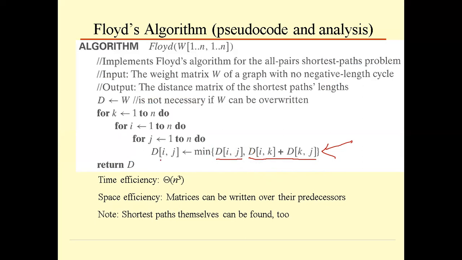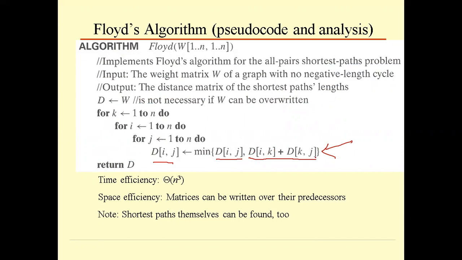The minimum value is taken and stored in the element d of i comma j. This will be repeated, so that the distance matrix will be calculated after completing all the for loops. The matrix or table D will contain the distance matrix. That will be the output of this algorithm, Floyd's algorithm.